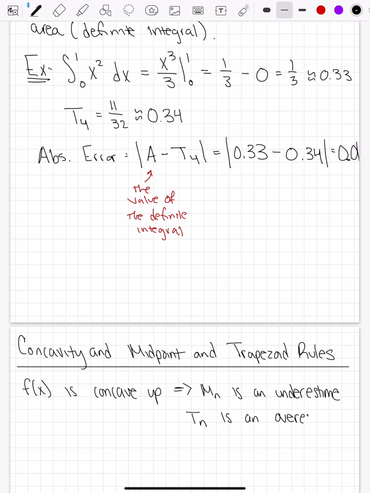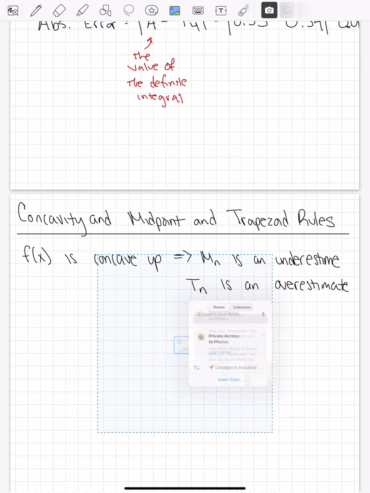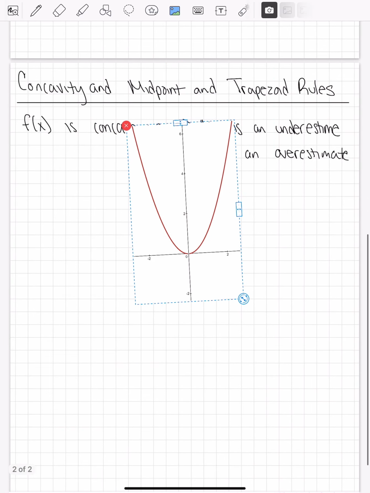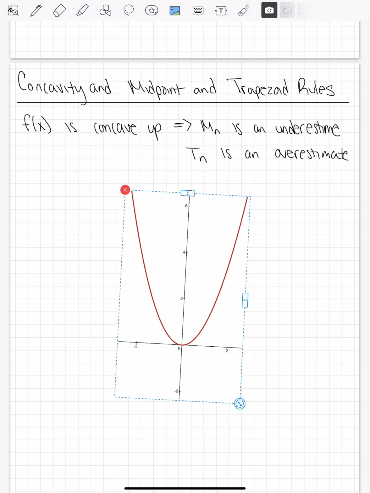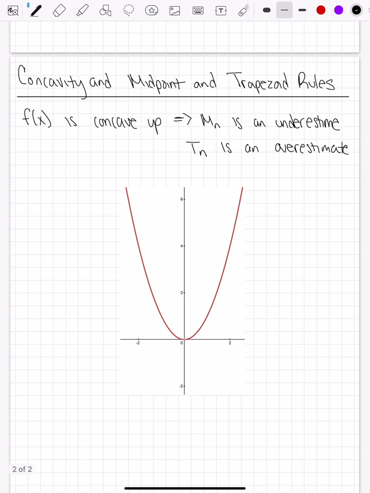And if we actually graph this last example, if we graph x squared, we can see this here at play. Right, so from 0 to 1, it's concave up. And when we draw trapezoids, right, let's just split this up into 4 trapezoids, right?